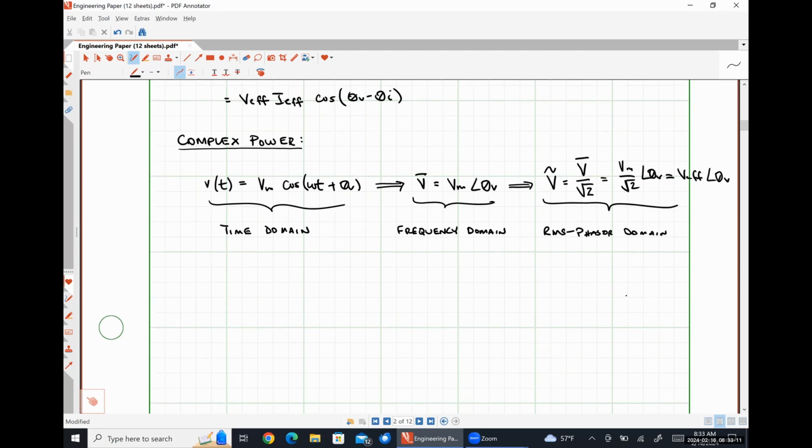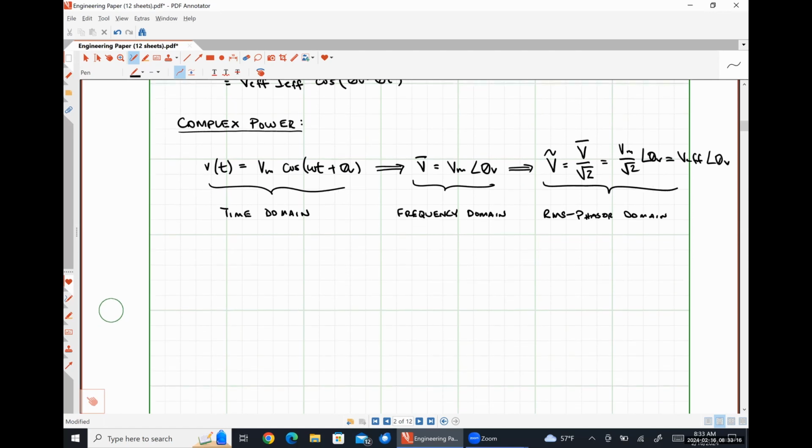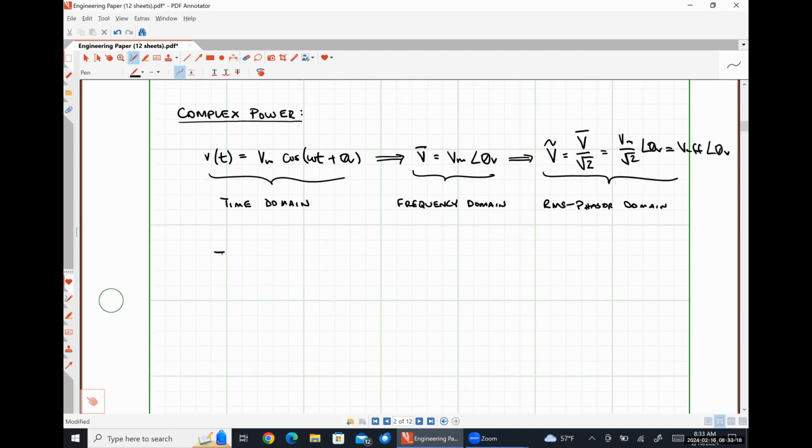So with this understanding, an RMS phasor current would be something like I effective angle θi.